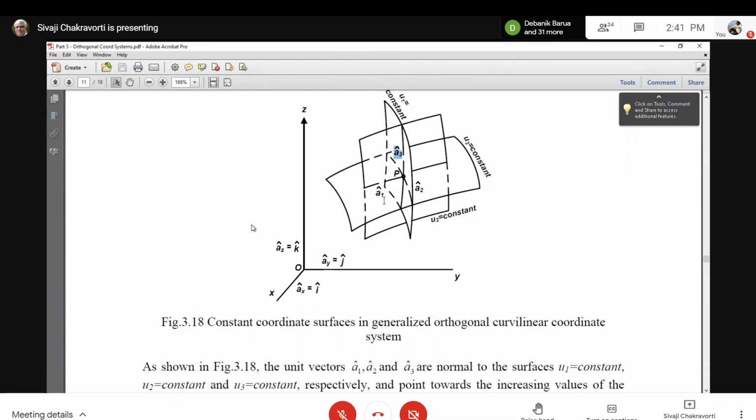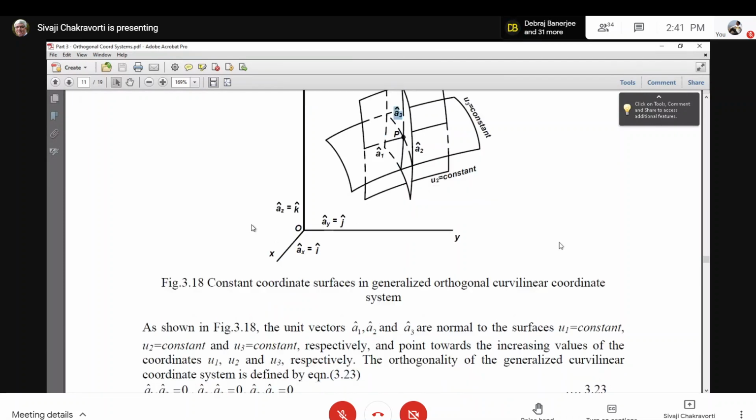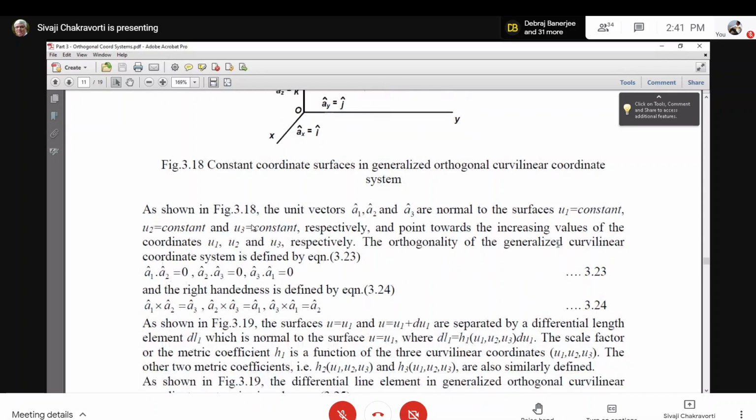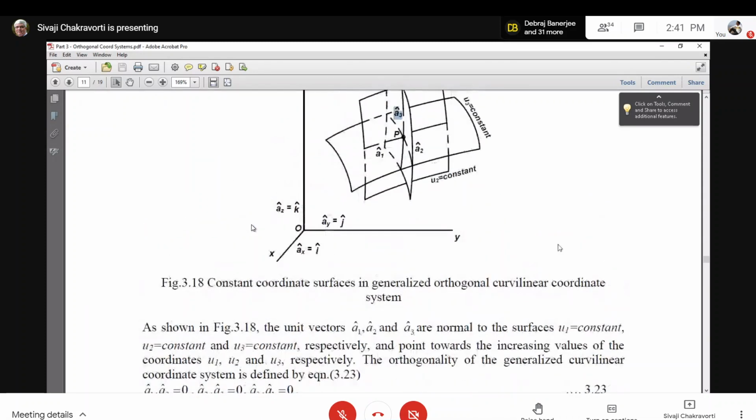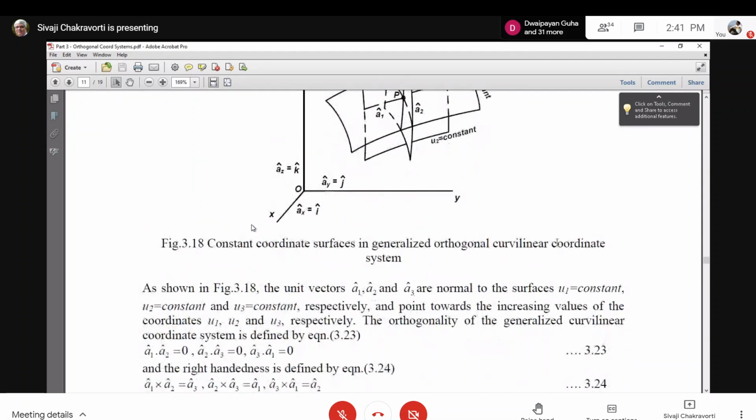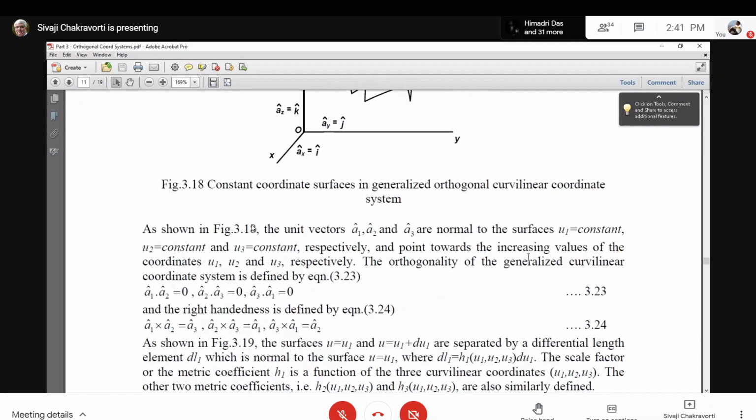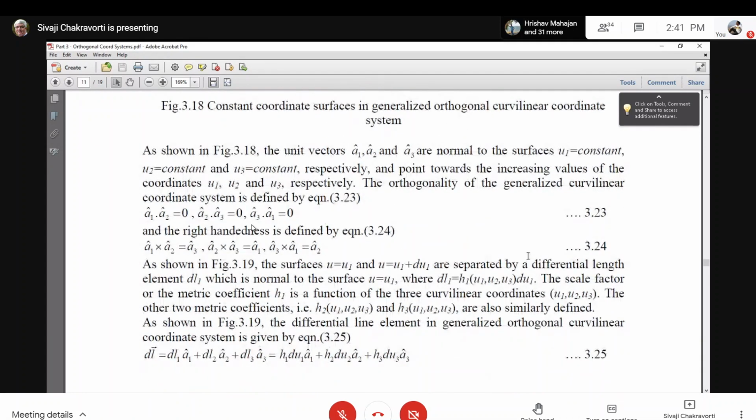They will follow the right-handed cross product rule, that means a1 cross a2 will be equal to a3. They will also follow the dot product rule, that means a1 dot a2 will be 0, a2 dot a3 will be 0, and obviously a1 dot a1 will be 1. These are all the product rules these unit vectors will follow.